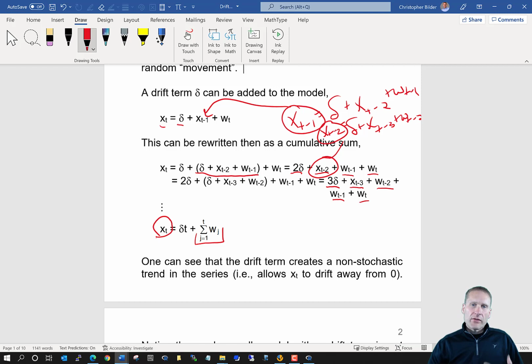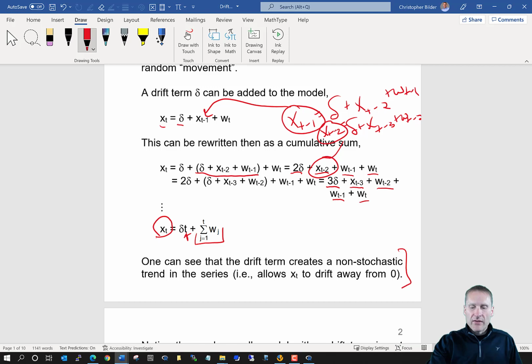What's going to happen is that as t increases, it is going to cause that random walk we had previously seen to keep on moving in one direction. It's going to move up, or increasing, if delta is positive. It's going to go down if delta is negative.